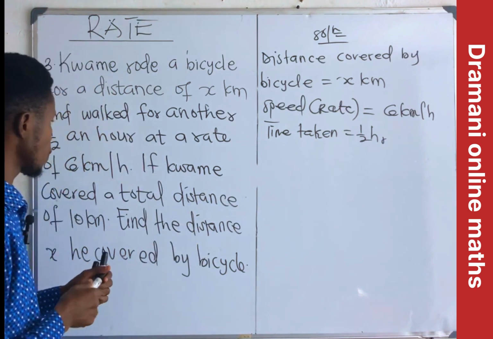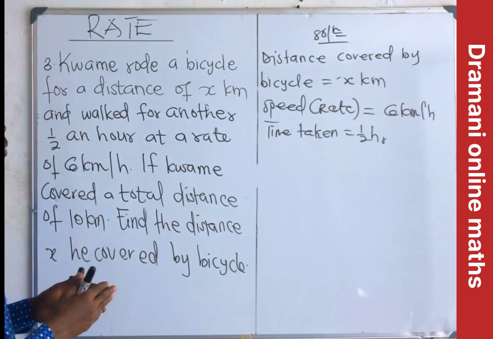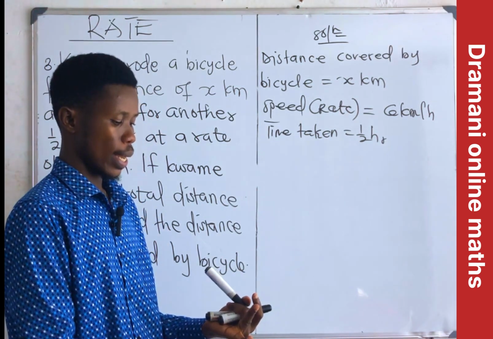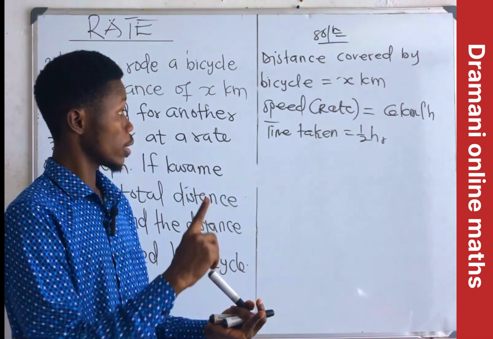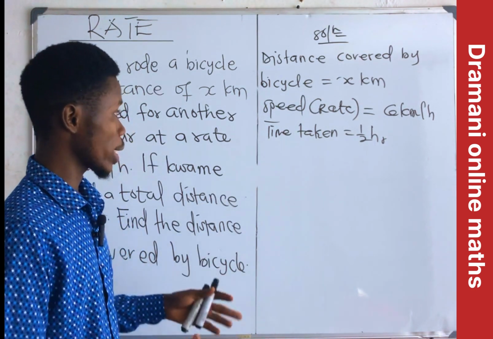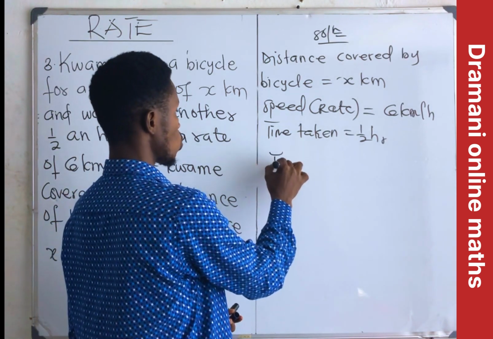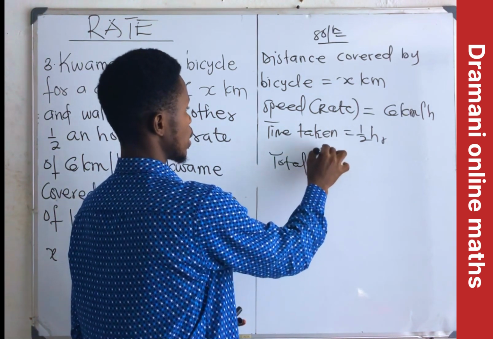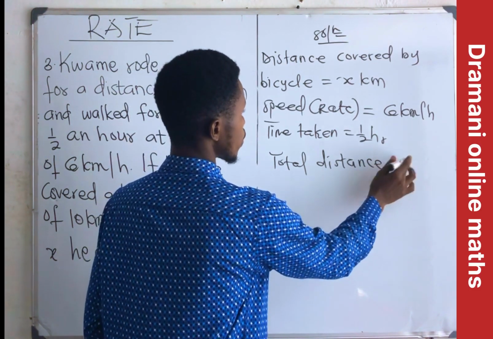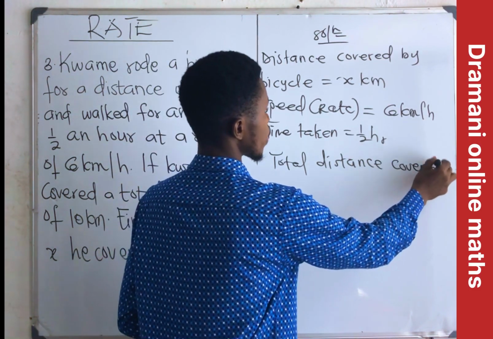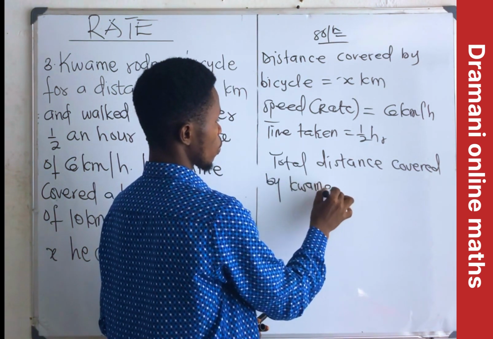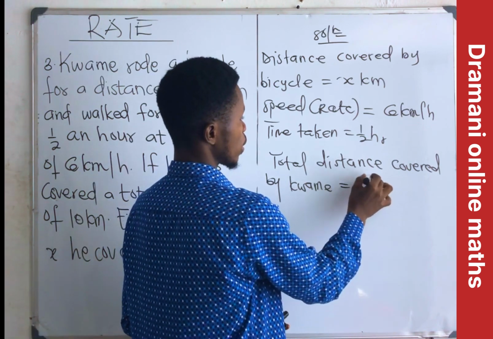Okay, let's move on. If Kwame covered a total distance of 10 kilometers, the walking plus the riding of the bicycle takes a total distance of 10 kilometers. So total distance covered by Kwame is 10 kilometers.